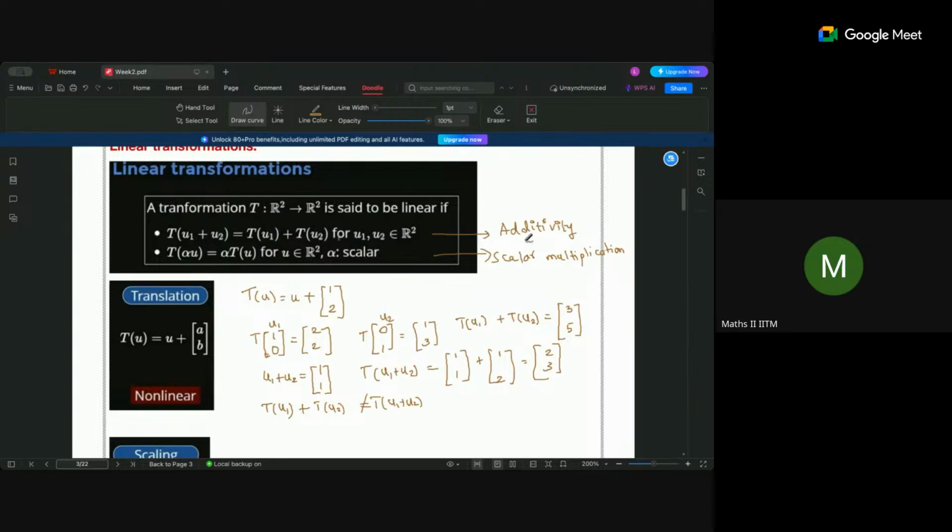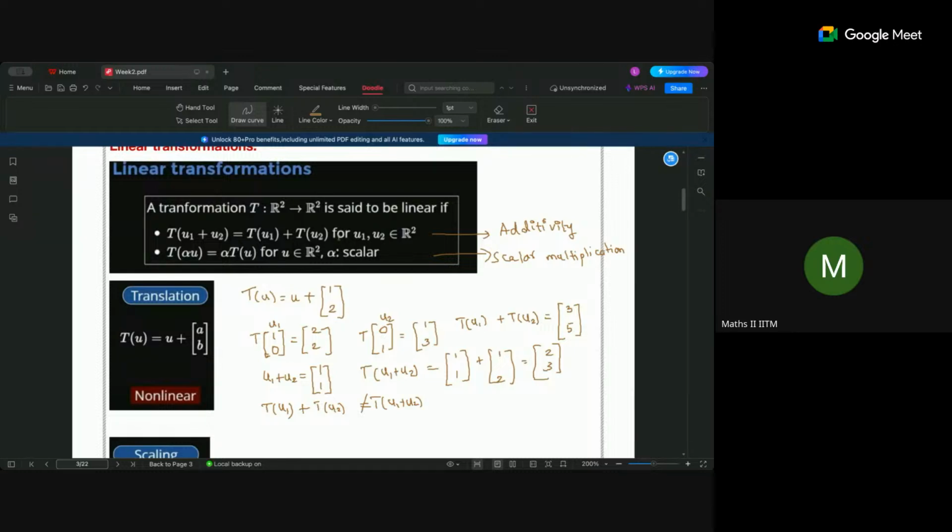So this is non-linear. Do you all understand up to this? The same will work if you replace (1, 2) with (a, b). You can try it with some other (a, b). Up to this, is it clear?